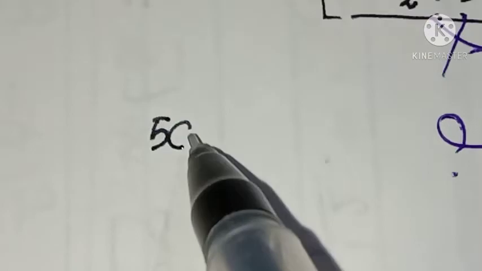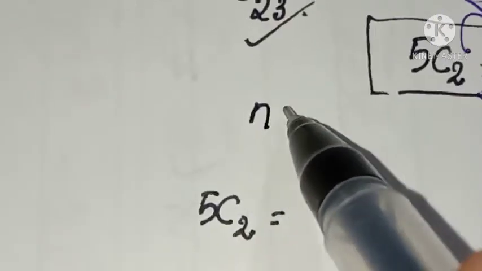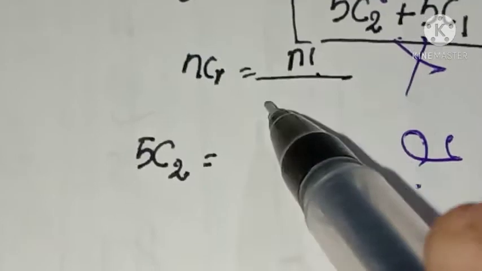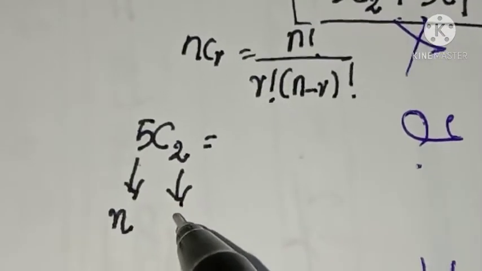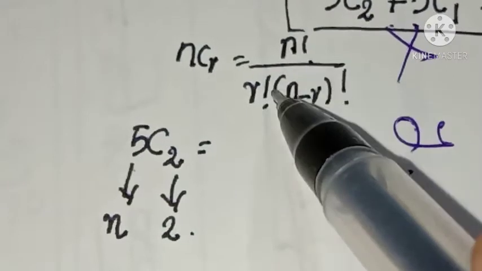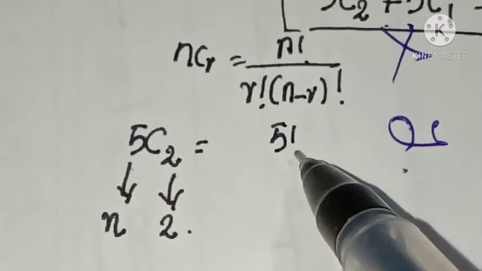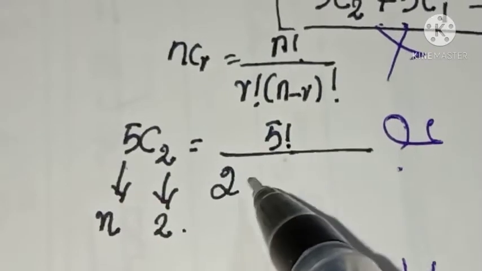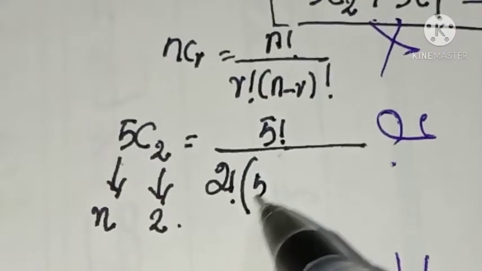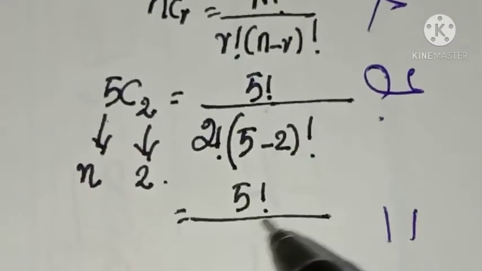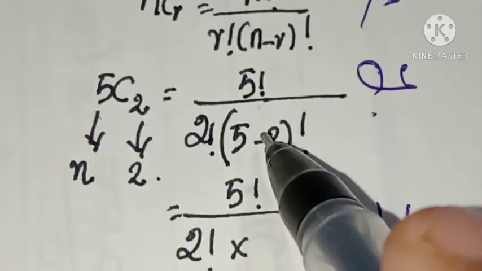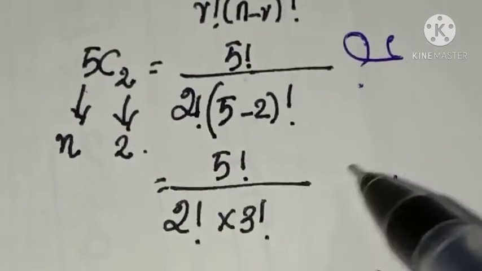For example, suppose we need to find 5C2. Actually, the nCr formula is n factorial by r factorial into n minus r factorial, isn't it? Here n is equal to 5, r is equal to 2. So put n equal to 5, r equal to 2 here. So this is 5 factorial by 2 factorial into 5 minus 2 factorial. 5 minus 2 is 3 factorial.